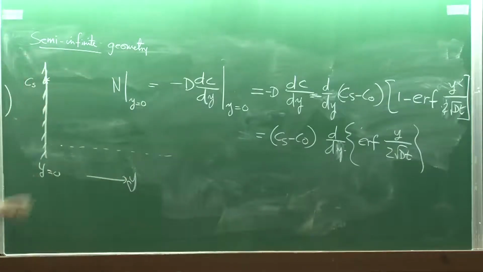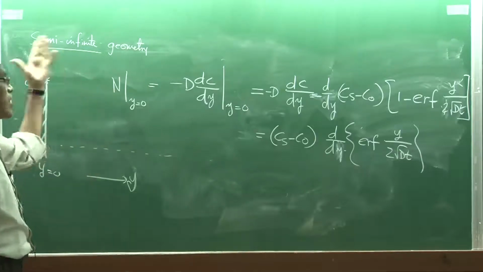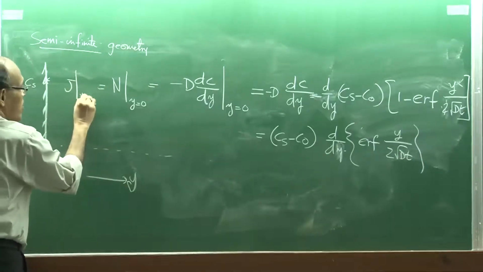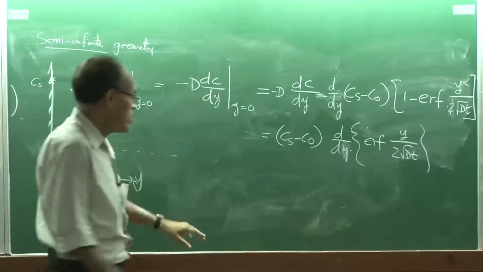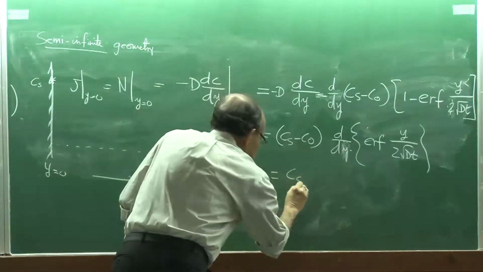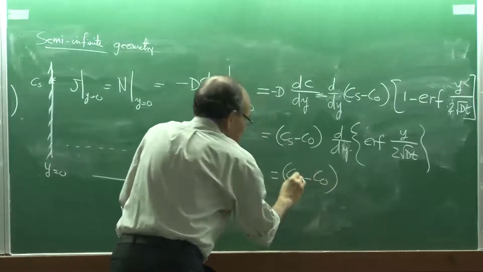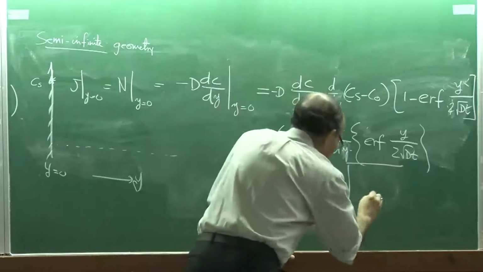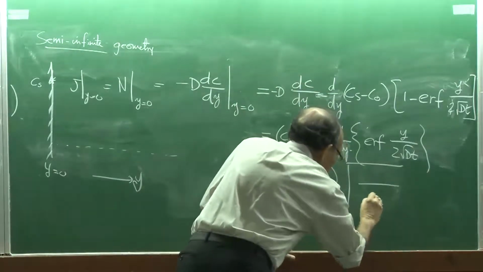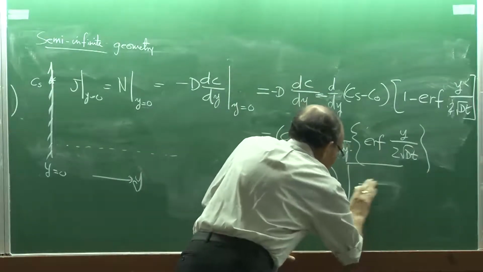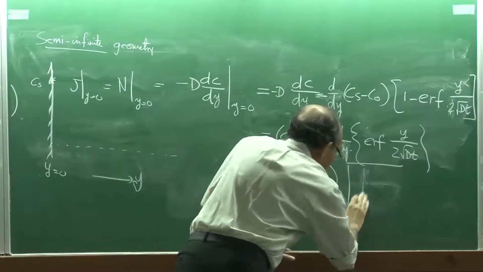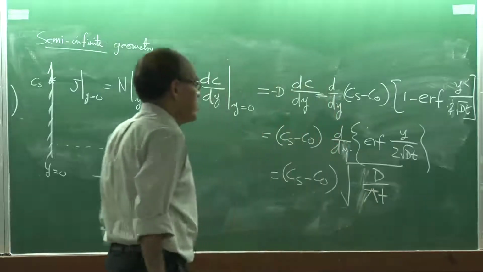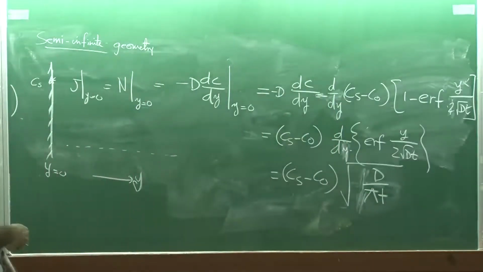Which is equal to the diffusion flux, which is equal to J. So, J is equal to J at y is equal to 0, and if you do this, then in that case you find this is equal to C0 minus Cs into, that is what is going to come.